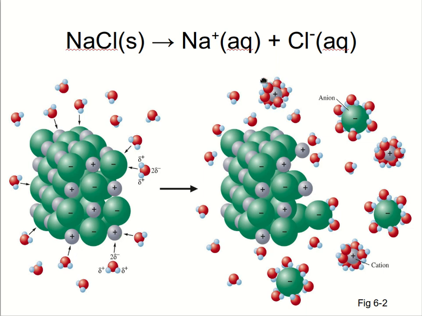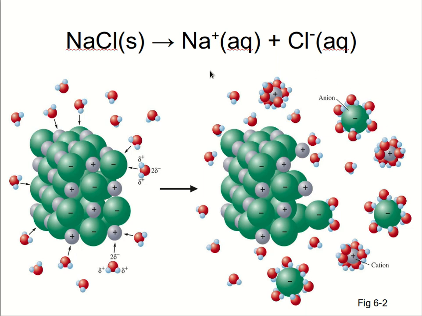And then the positive ions go floating by, surrounded by oxygens, and the hydrogens are pointing away, and the negative ions go swimming by, surrounded by hydrogens, and the oxygens are pointing away. Now, this artist didn't quite know what he was drawing, because each water points just one hydrogen at a negative ion. But, well, this is good enough.